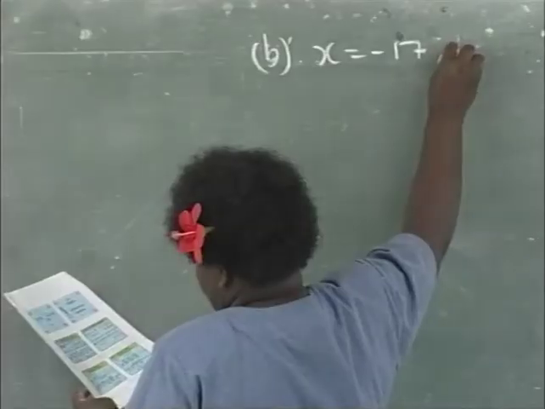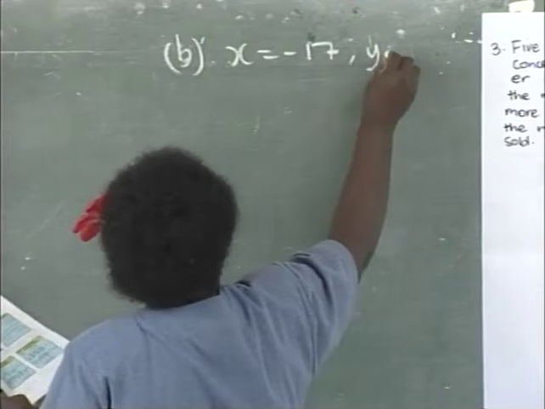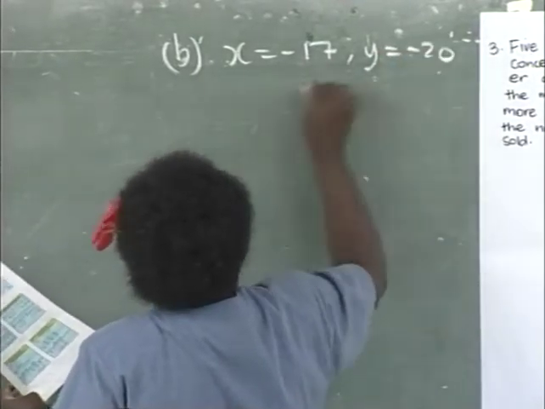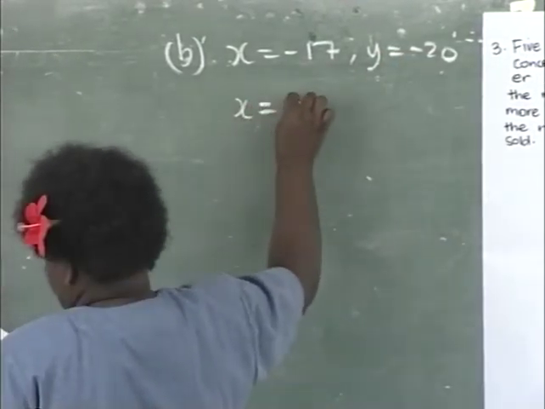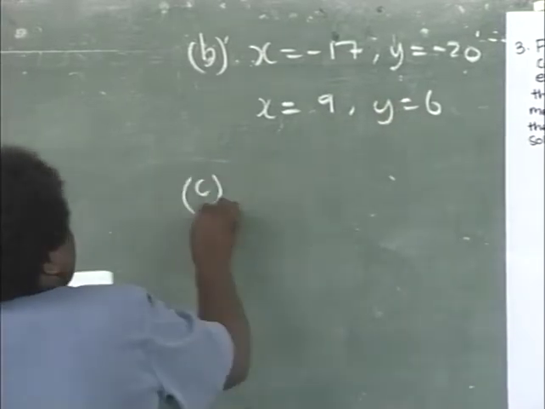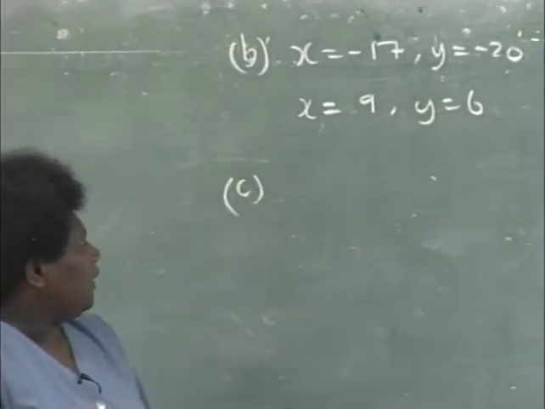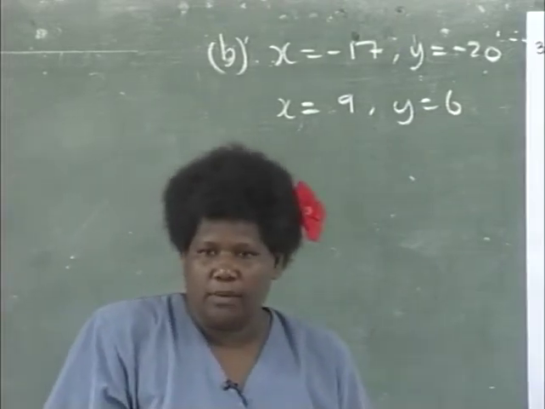X equals negative 17, y equals negative 20, or x equals 9, y equals 6. Okay, good. Negative 17 for x, and 9, and negative 20, and 6 for y.